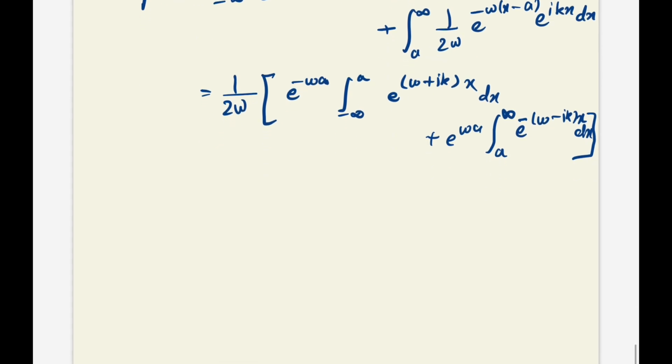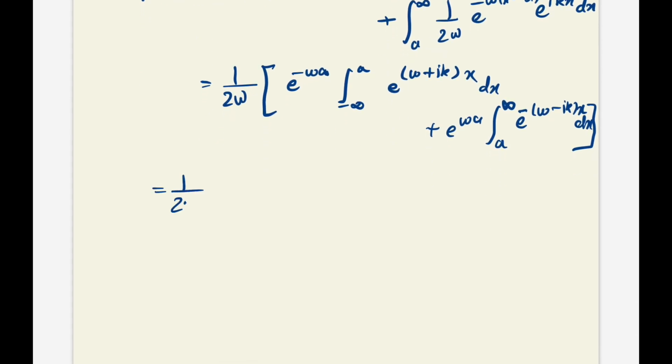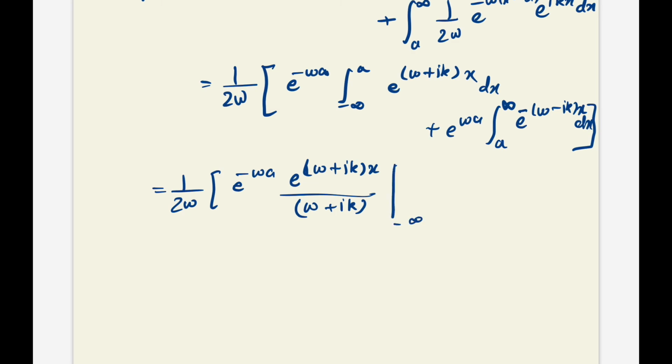Okay, now 1 over 2 omega e to the power minus omega a, e to the power omega plus ik x over omega plus ik, limits are minus infinity to a, plus e to the power omega a, e to the power minus omega minus ik x over minus omega minus ik, a to infinity.